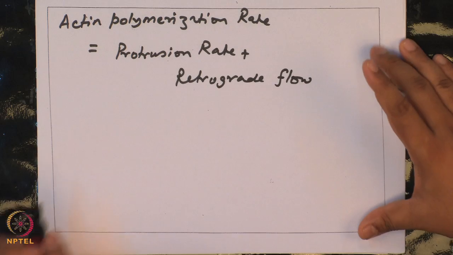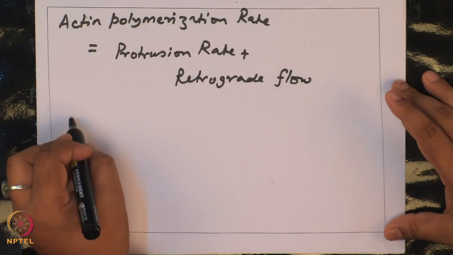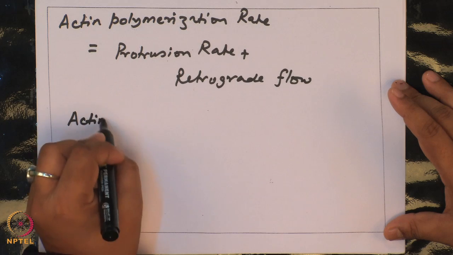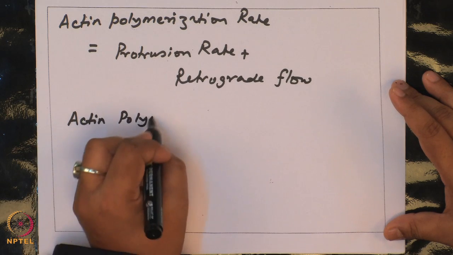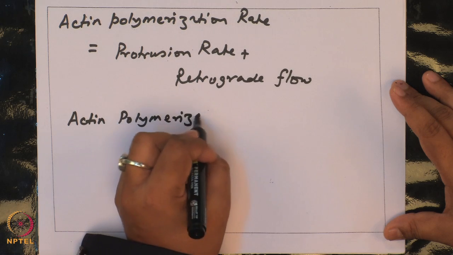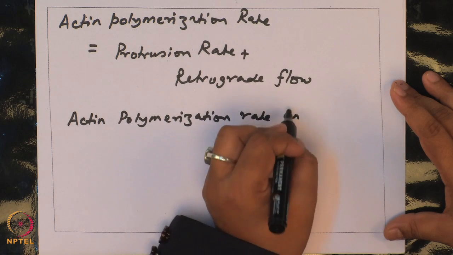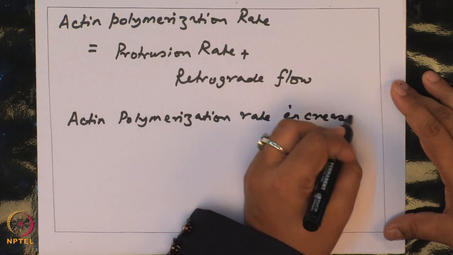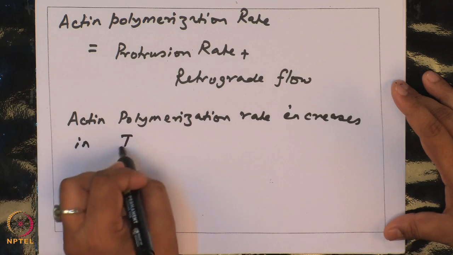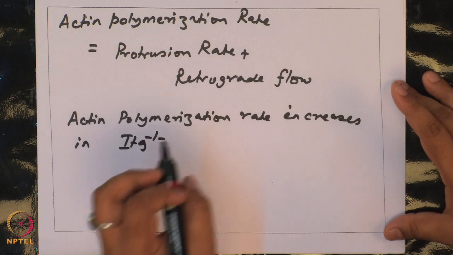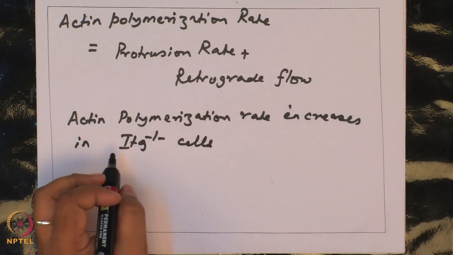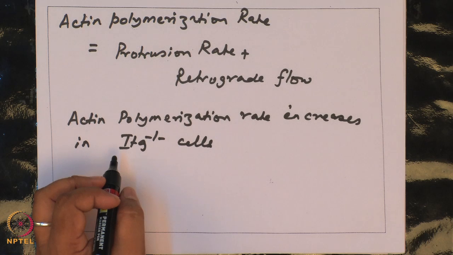If you do this, then what you would find is actin polymerization rate increases in integrin null cells. So, this is an adaptive response.